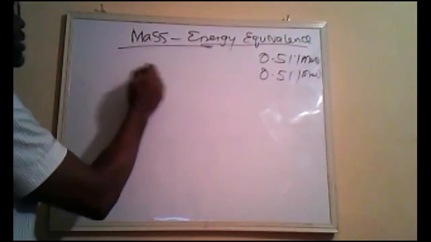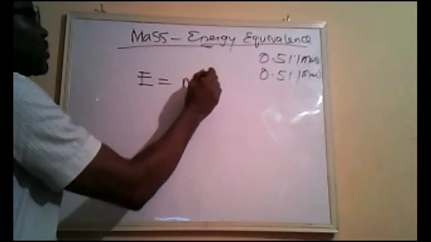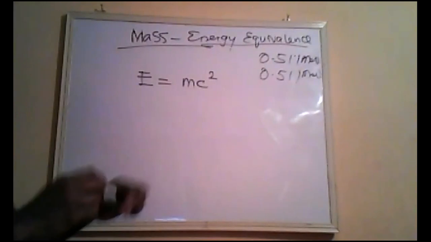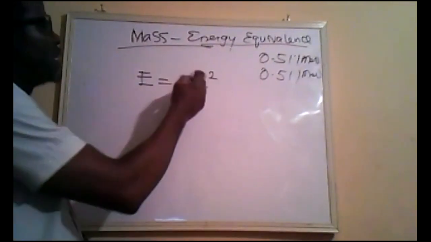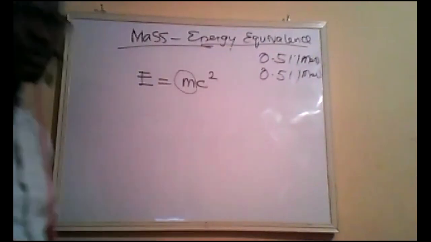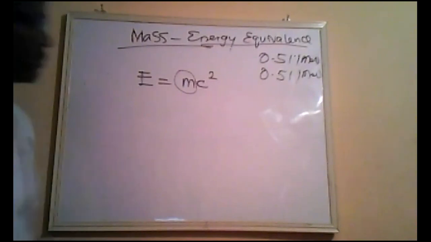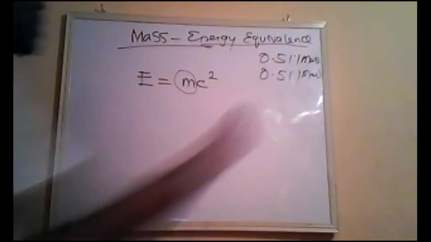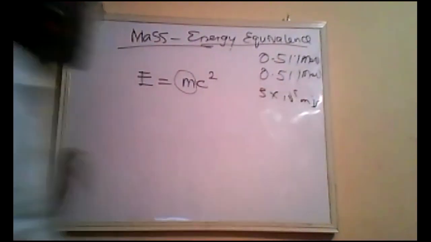The relationship is E equals mc squared, where m is the mass of whatever we are looking at, and c is the speed of light, approximately 3 times 10 to the power 8 meters per second.